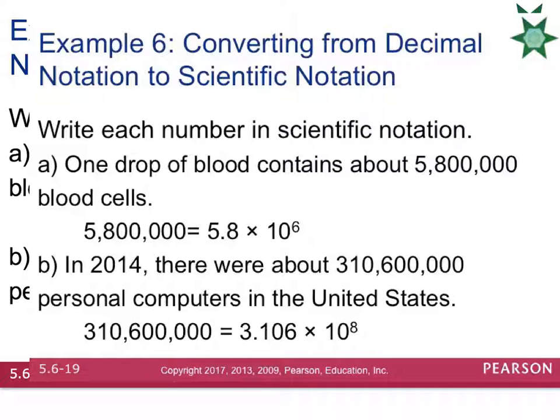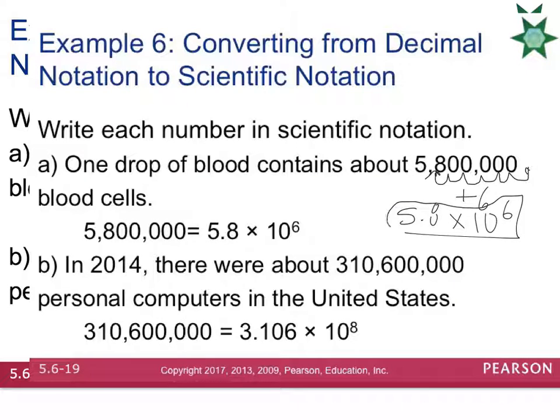Here's our decimal. So let me just show you what we do with the decimal here. And we moved it 1, 2, 3, 4, 5, 6 places, right? Okay. So we're going to say plus 6. 5.8 times 10 to the plus 6. Okay. So there's our number. And then here we're starting here with our decimal.